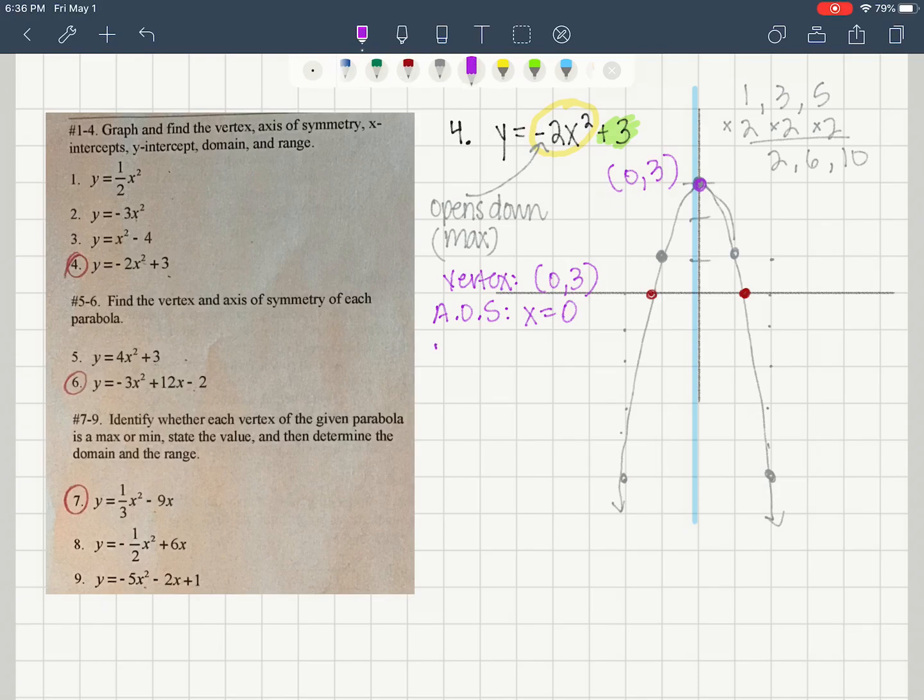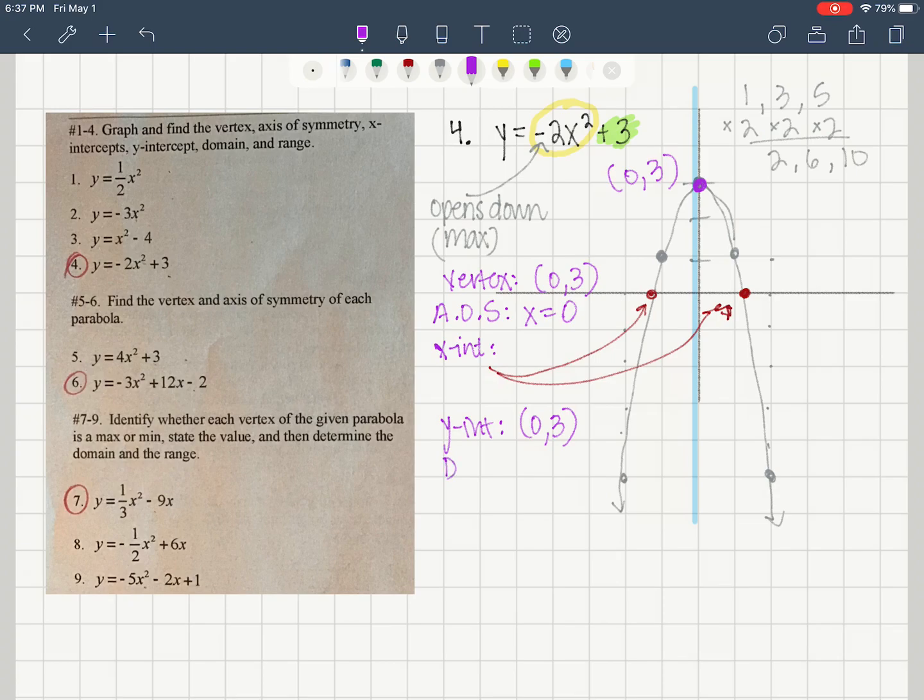Our y-intercept, so I'm going to leave space here. We've got 2 x-intercepts. You can see them right here, but we're going to have to do some calculations. Our y-intercept is where the graph crosses the y-axis, and that happens to be through the vertex at 0, 3.